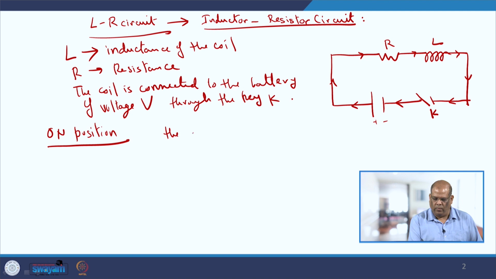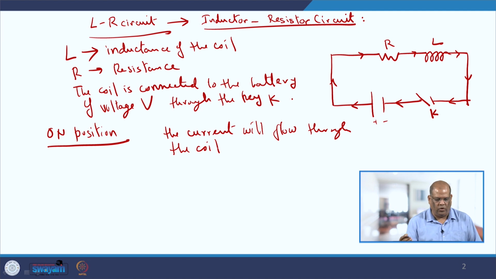So, the current will flow through the coil, and when this current starts to flow, there will be an electromotive force induced across this L. According to the law of electromagnetic induction, this EMF will oppose the voltage, and as a result there will be a voltage drop across R, which will also oppose the applied voltage.